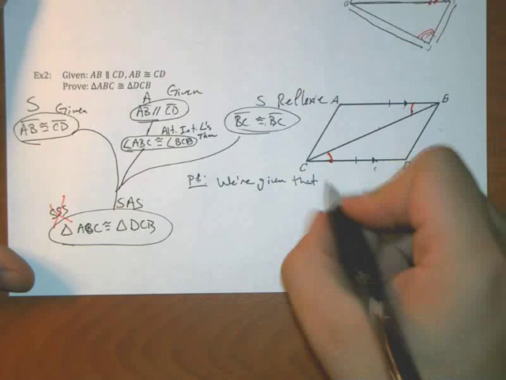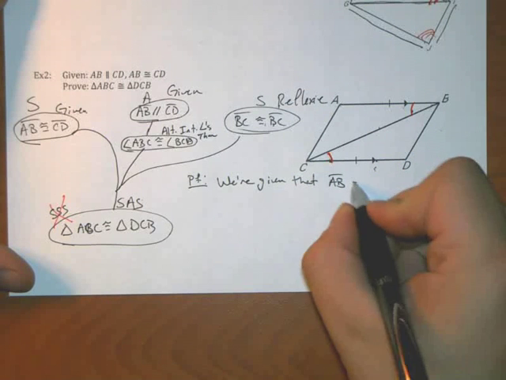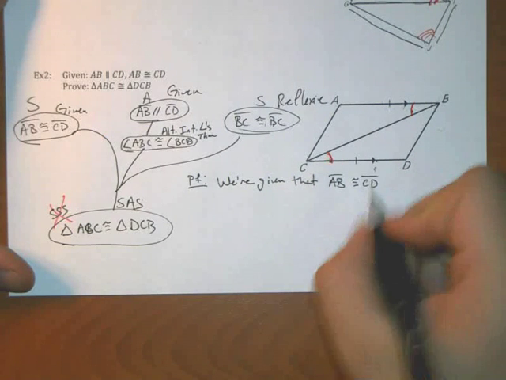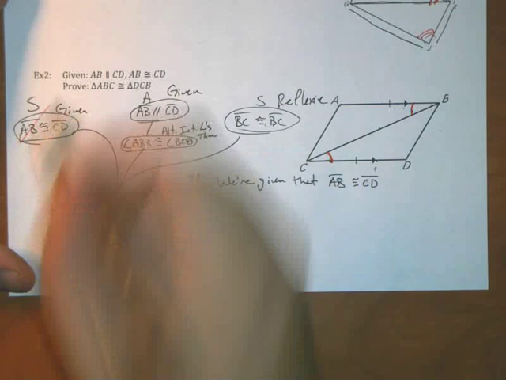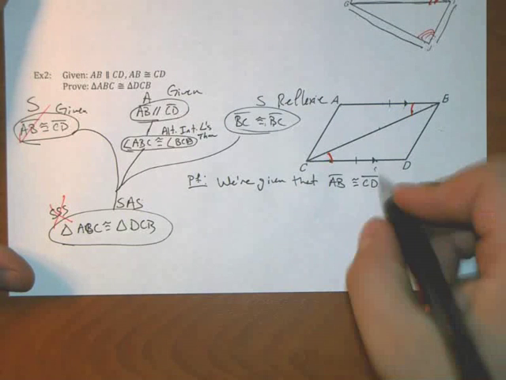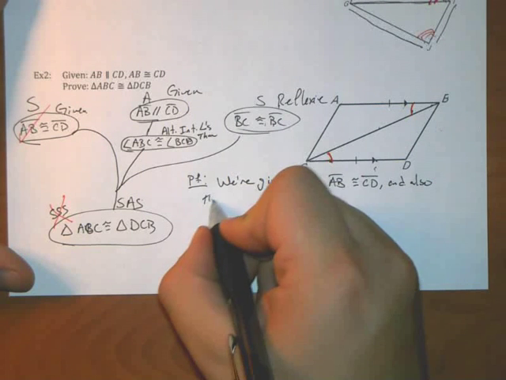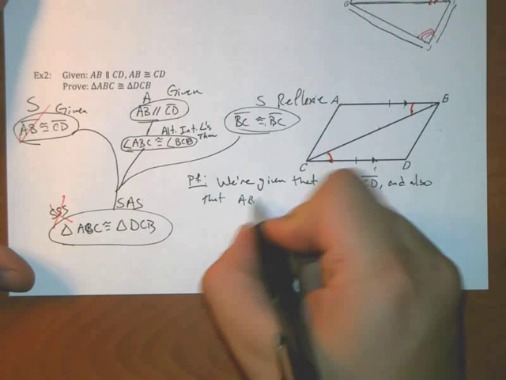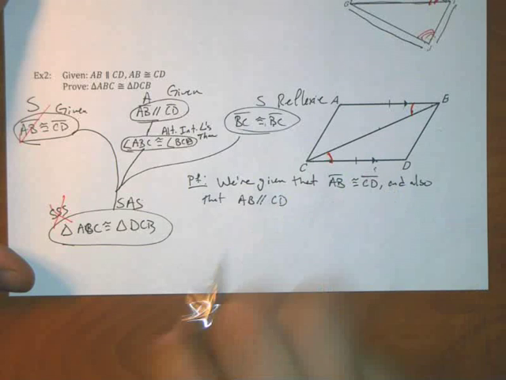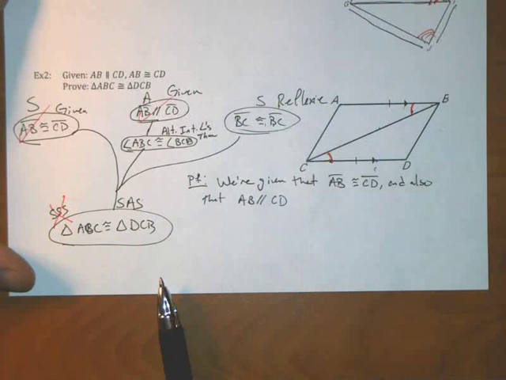We're given that AB is congruent to CD. And also that AB is parallel to CD.